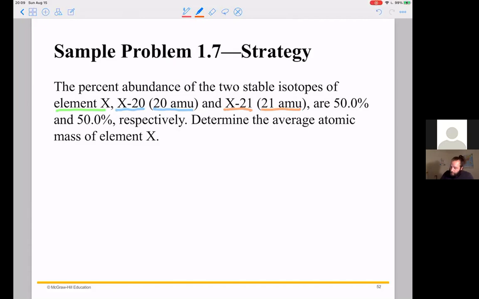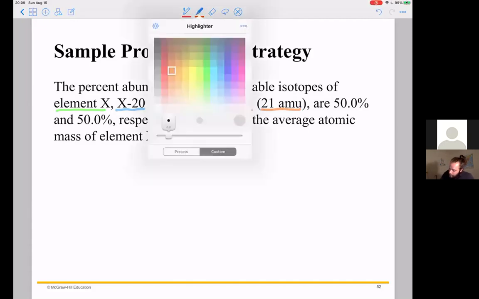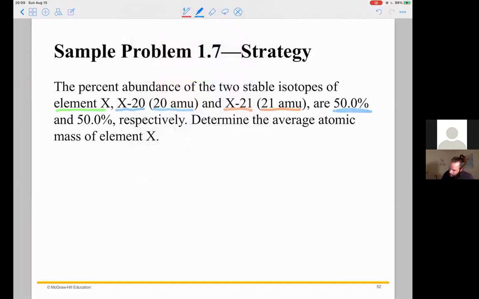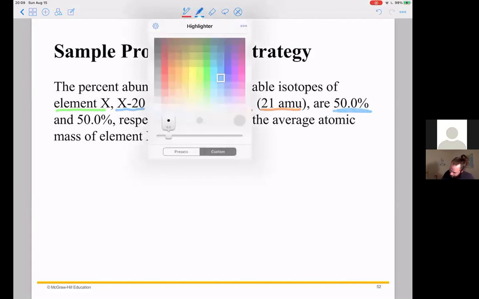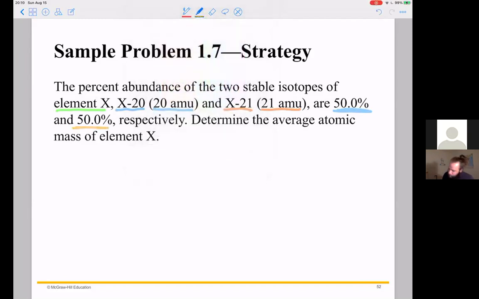And then we're going to make it even easier by saying that the distribution here is 50% X20 and 50% X21. So maybe even without doing any really hardcore pencil and paper math, you guys could already figure out what the answer is supposed to be.